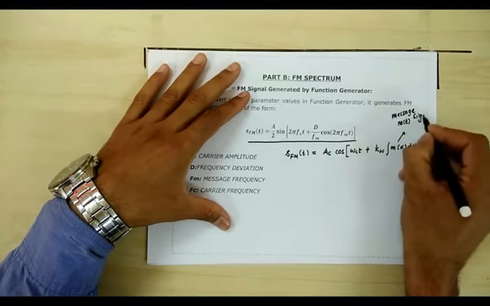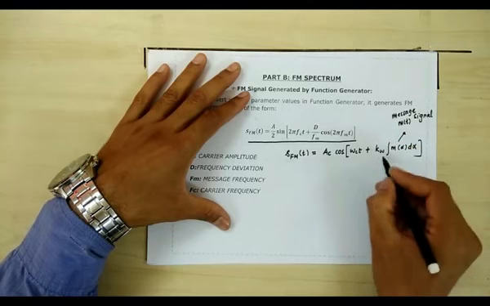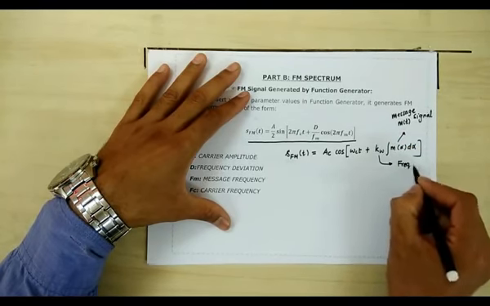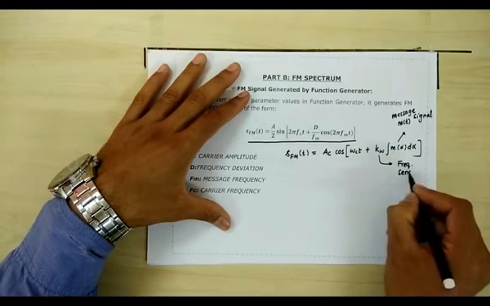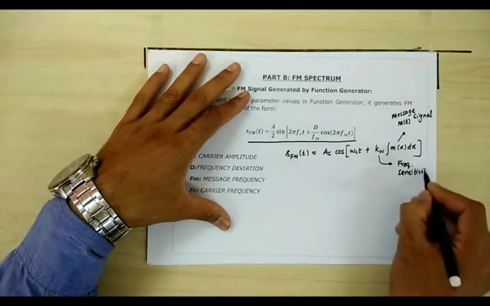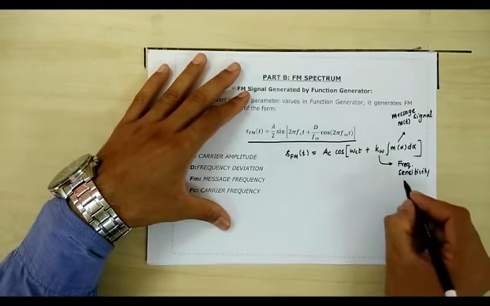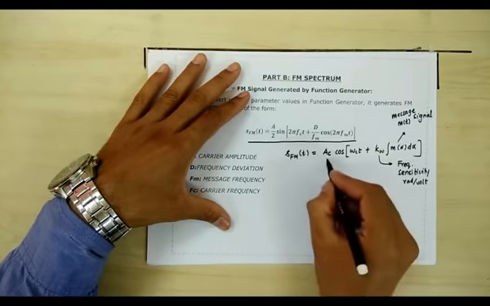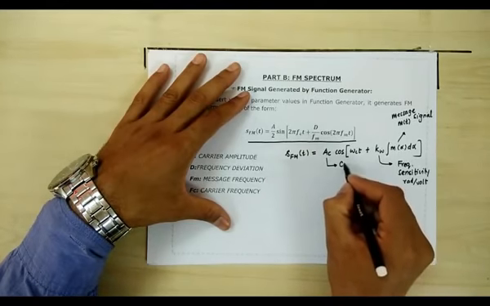K omega we call the frequency sensitivity. Its unit is radian per volt. Ac is our carrier amplitude.